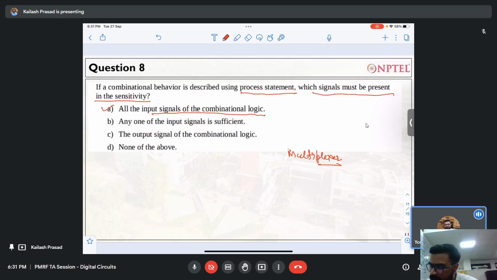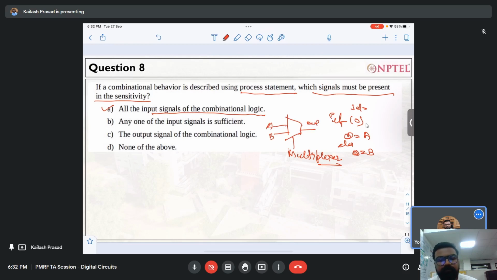If select equal to 0, the output will be d equal to a, else if select equal to 1, output equal to b. Something like this multiplexer we are designing, a 2-bit multiplexer with a and b, and this is my output.